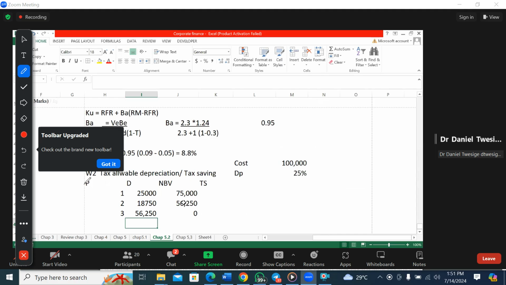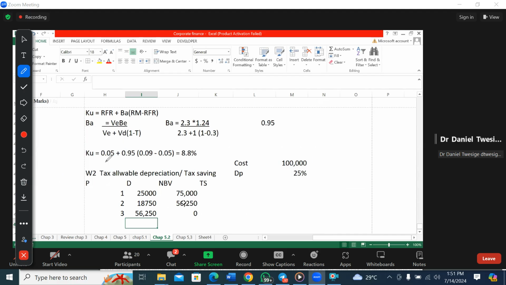Someone is asking, why do we put it under depreciation? Because it's like a loss. If the asset had a value of 56 at the end of year 2, and at the end you have 0 value, then it means you have a loss of 56 at the end of your project.